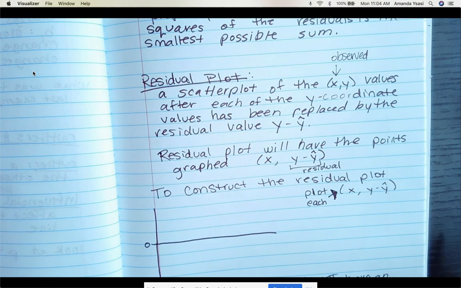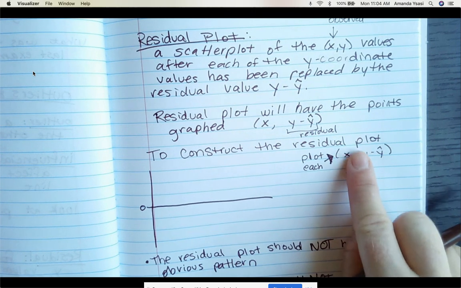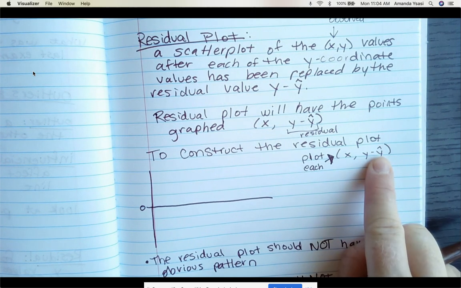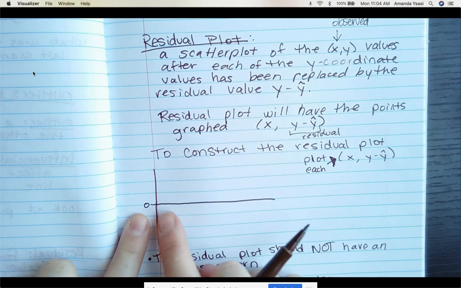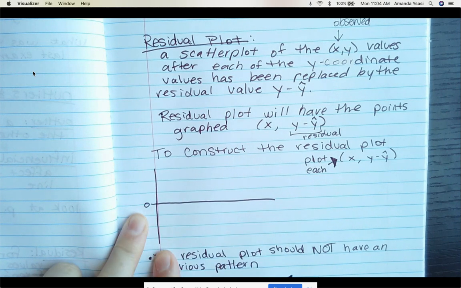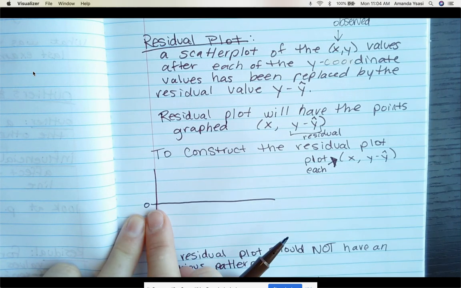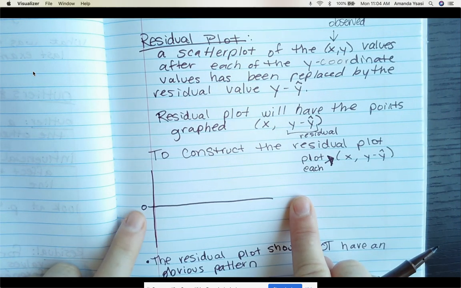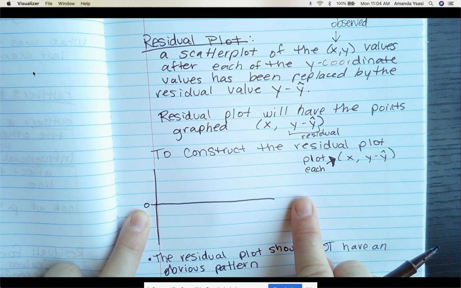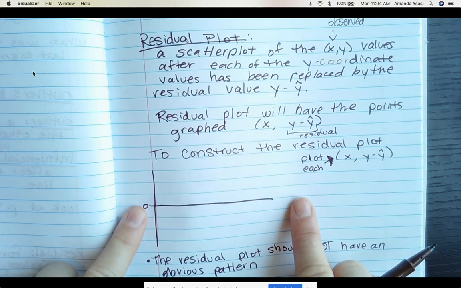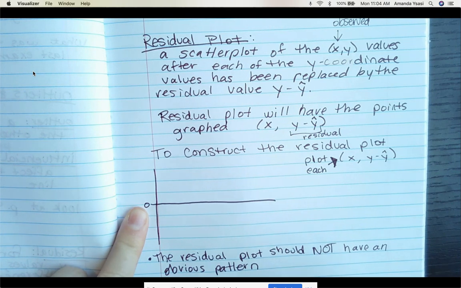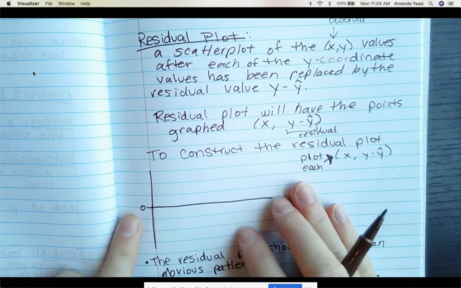To construct a residual plot, you're going to plot each one of these, x and then your residual. And we make our graph, but we want this horizontal baseline at 0 because a good prediction would have a residual of 0. So you're going to have them above and below, just like that last one.